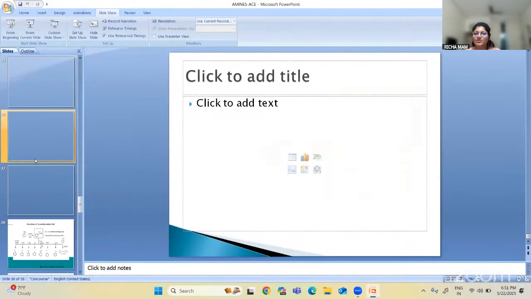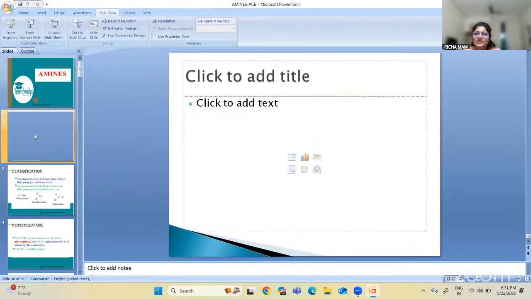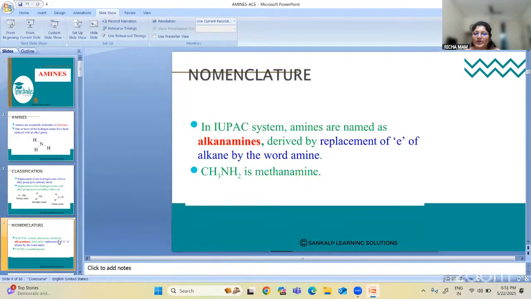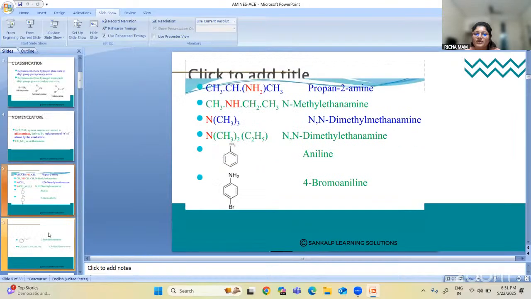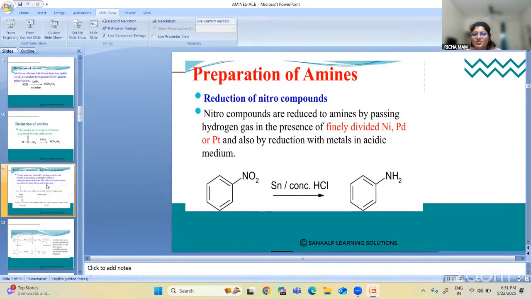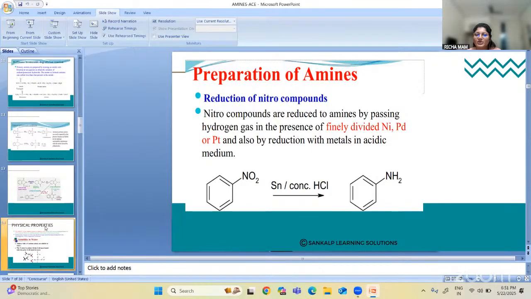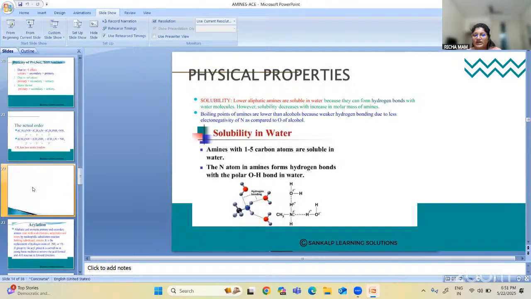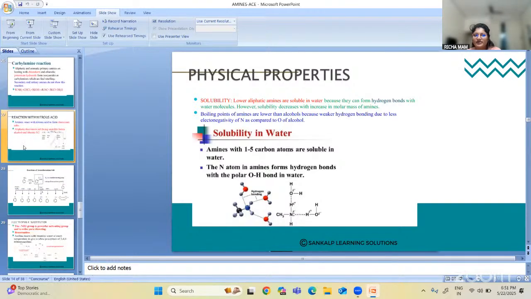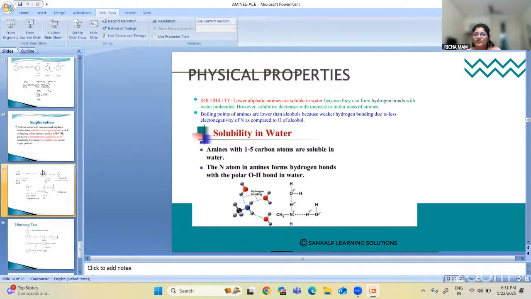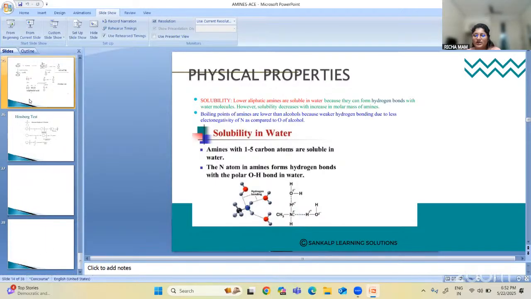Any doubts up to here? So what all have we discussed? We have discussed what amines are, their classification and nomenclature, the methods of preparation, and the structure of amines. Then we saw the physical properties and the chemical properties.